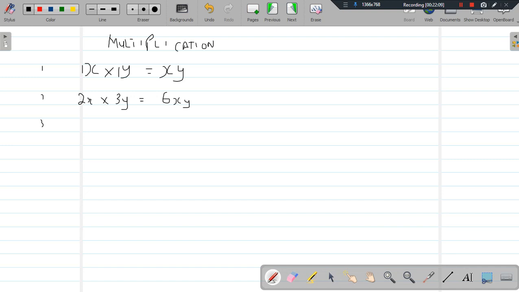And when the coefficients are the same, that is 1 and 1, it means the solution is xy. When the coefficients are different, you just multiply the coefficients. So in fact, multiplying the coefficients. So what differs here is the variable as a whole. Now I am saying that if, assuming I am giving variables of the same kind and they are multiplying, then how do I multiply them?